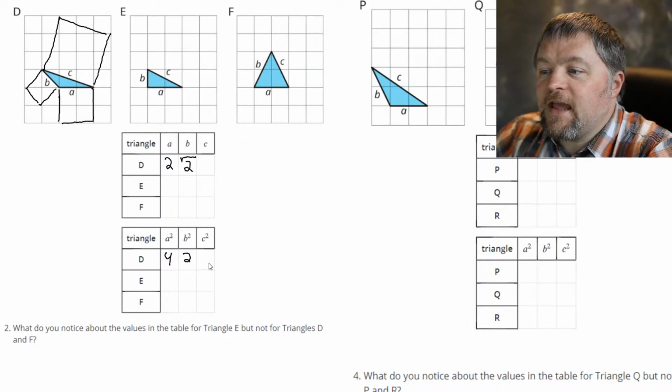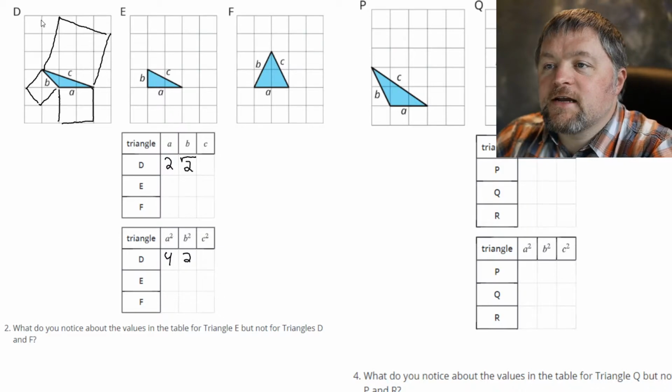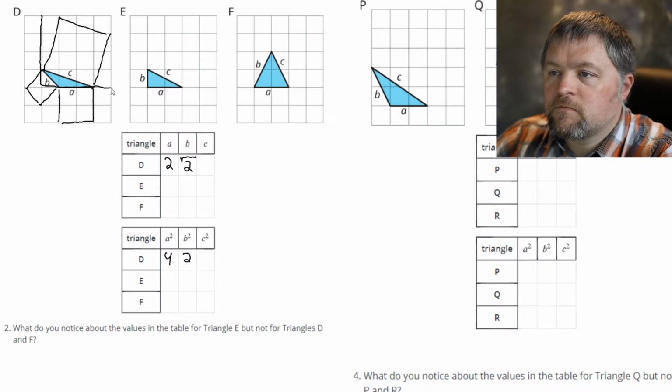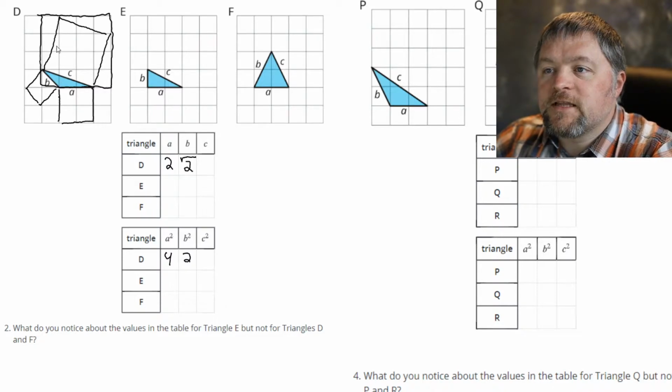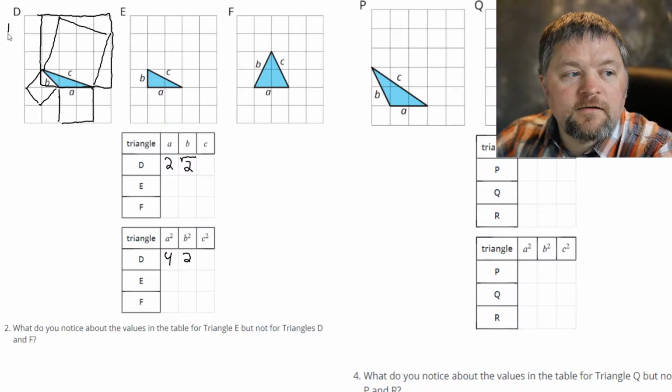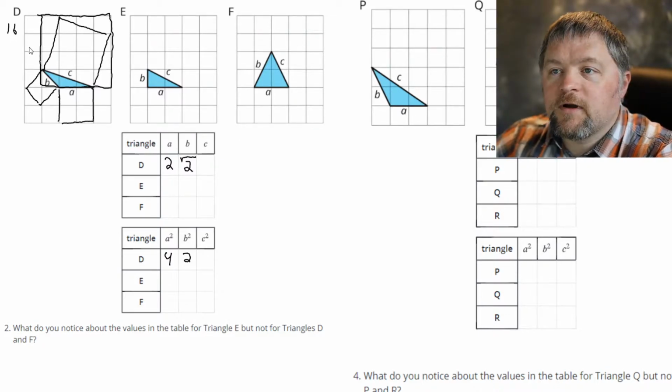So to find the area of side C, this is a 1, 2, 3, 4 by 4 box around it. These pages will start to get cluttered, but that's 4 by 4, so it has an area of 16 square units.